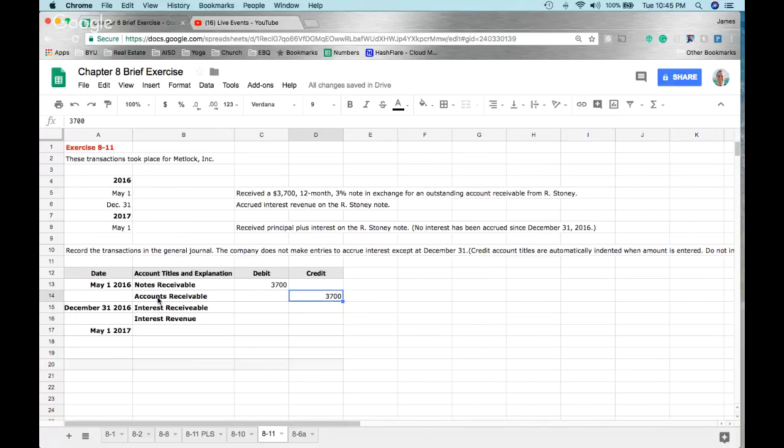So 3,700 times, let's see. May to June, June to July, July to August, August to September, September to October, October to November, November to December. That's 7 months. So the interest is 3%, by 7 divided by 12.